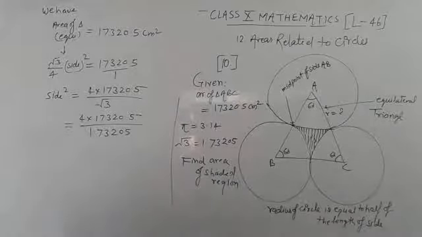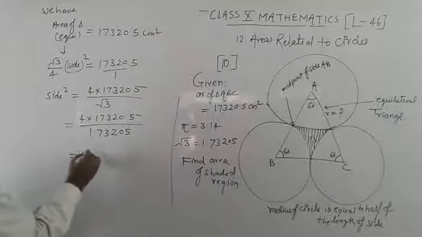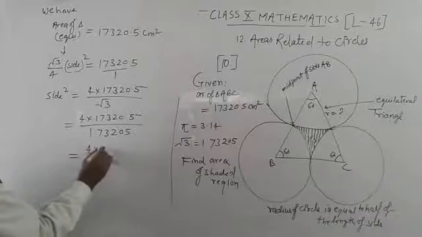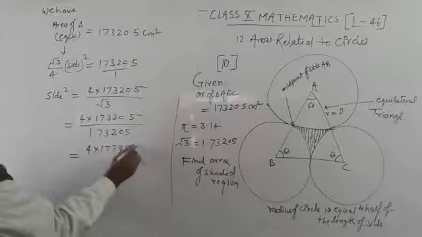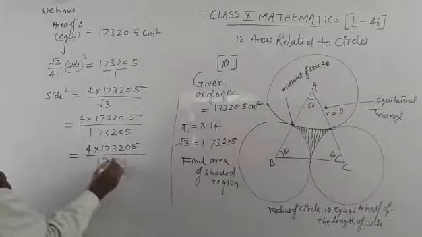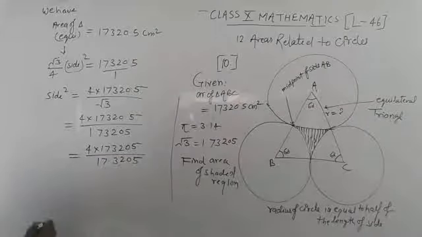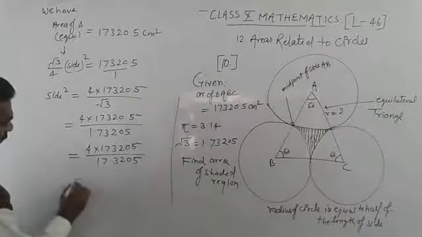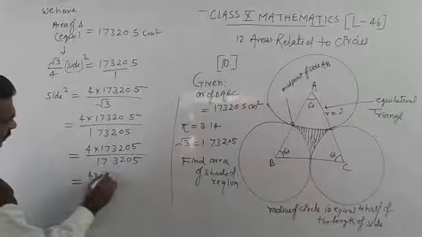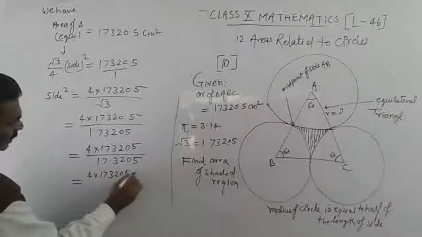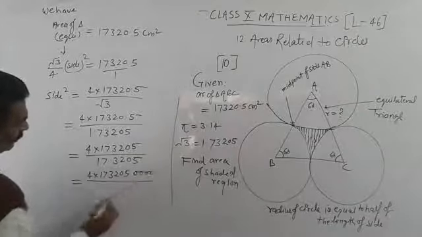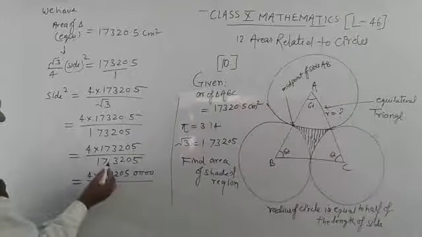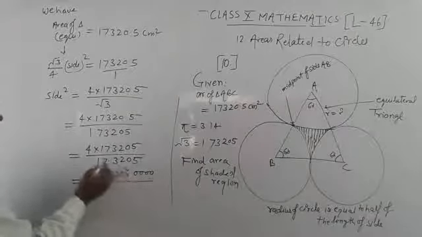So, students, now we will eliminate the decimal. 4 multiplied by 173205 upon 17.3205, or here we have eliminated only one place of decimal. Now we can write 4 multiplied by 173205 and 4 zeros in the numerator, because in the denominator there are 4 digits after the decimal.